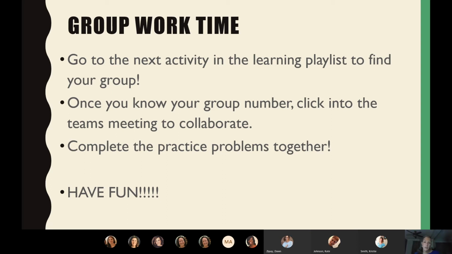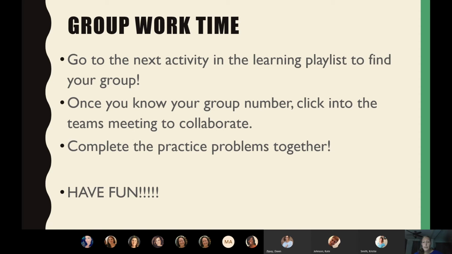What I need you to do is find your name, and you're going to click on that link. That link is in the group number. Your link is going to take you to a Teams meeting. That Teams meeting will allow you to collaborate with the other group members. What you are going to do is you are going to work together to answer the assignment in its learning.